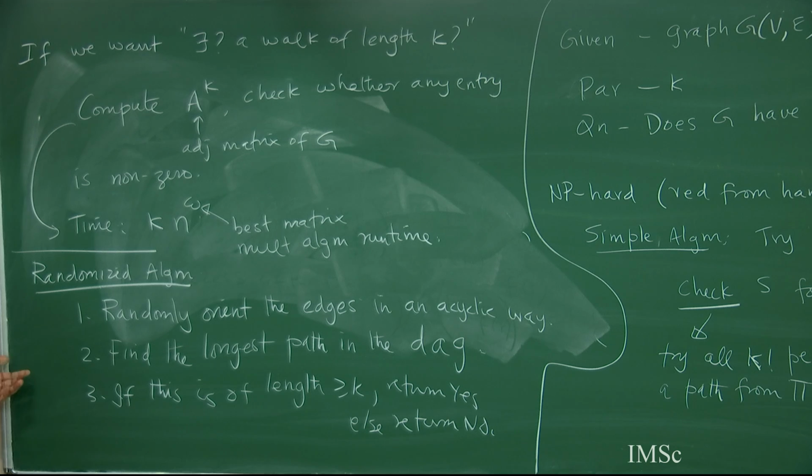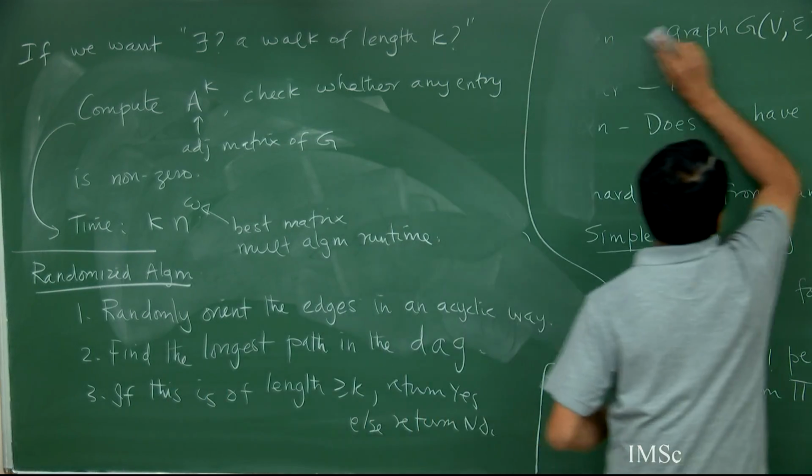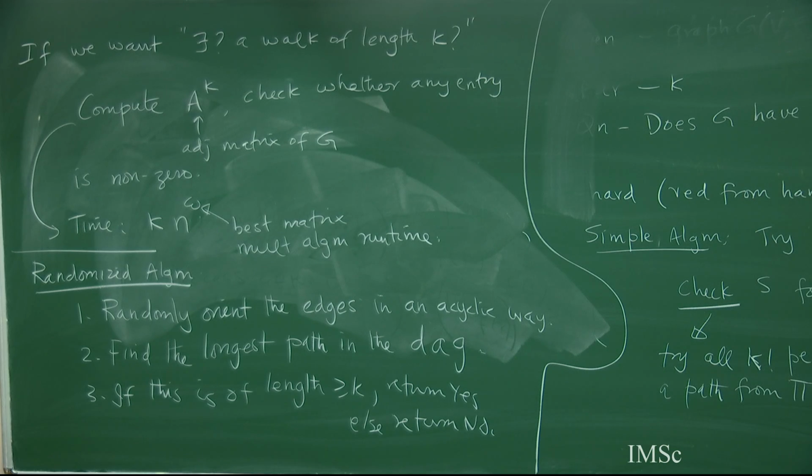So now to understand the success probability, we should understand a little bit how I randomly orient the edges in an acyclic way. So how do I do that? One way is to give a random permutation to the vertices, like you are doing, and then say that edges are going from smaller vertex to larger vertex.